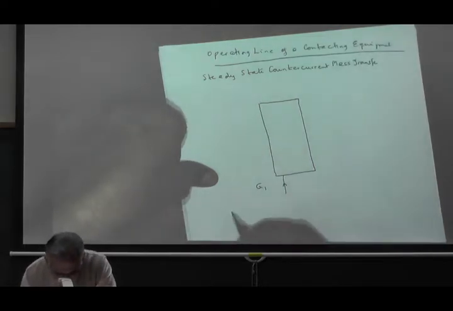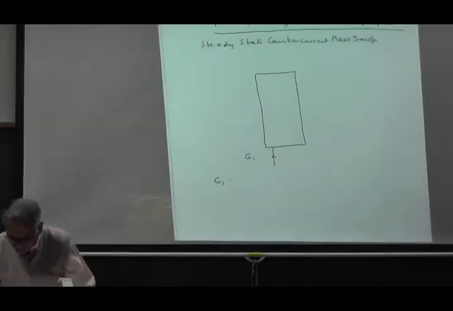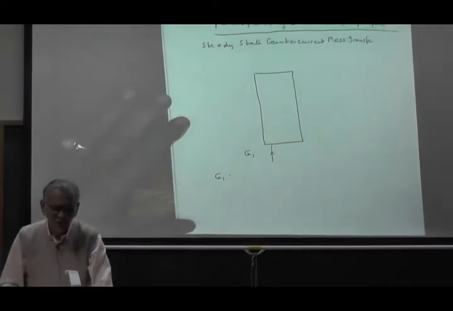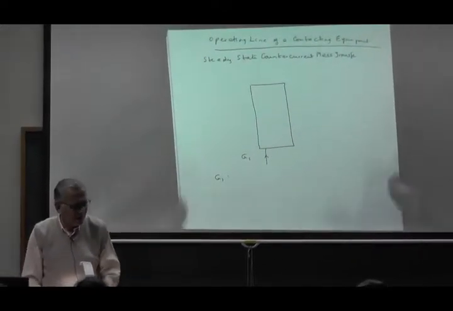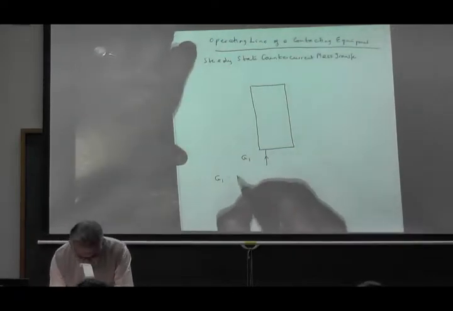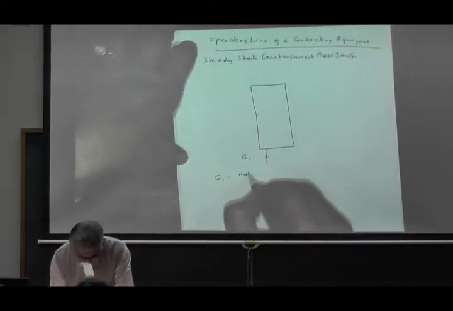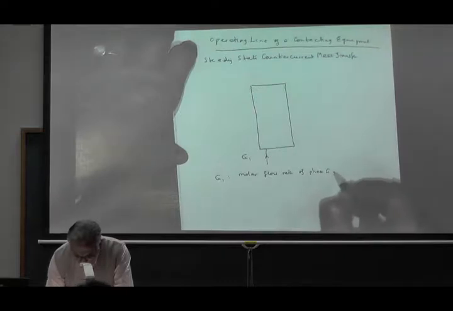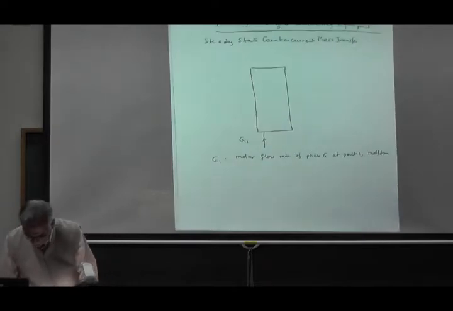G1 is the molar flow rate of phase G, where G stands for gas, or it could be a second liquid also. So this is the molar flow rate of phase G at point 1, in moles by time or kilomoles by time.